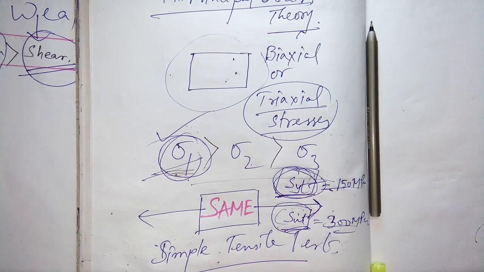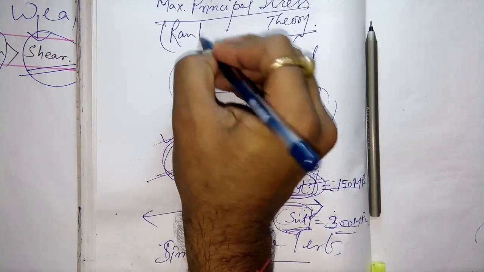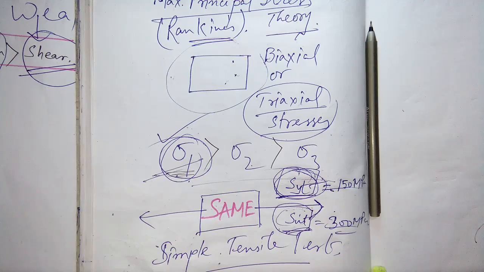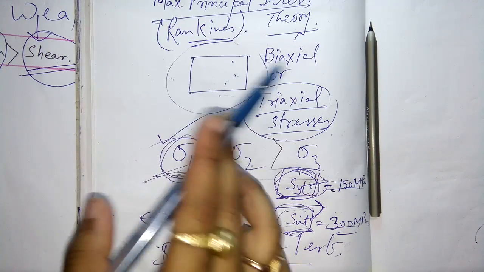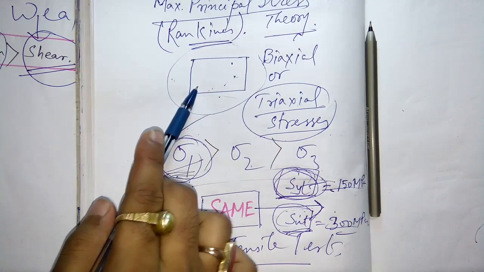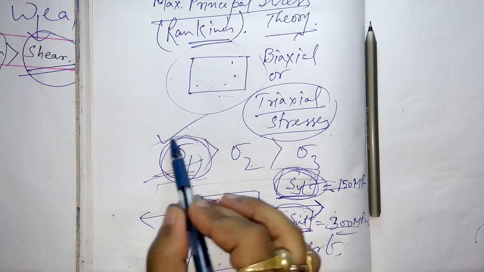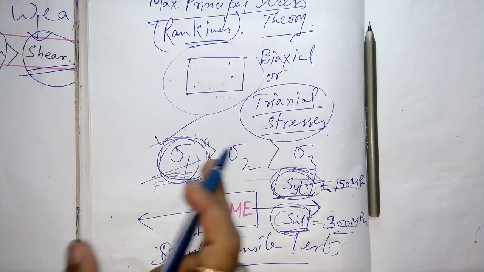Now, maximum principal stress theory is also called Rankine's theory, because it was proposed by Rankine. This theory states that this mechanical component which is subjected to triaxial stress is going to fail when the maximum principal stress, which one is the maximum principal stress?